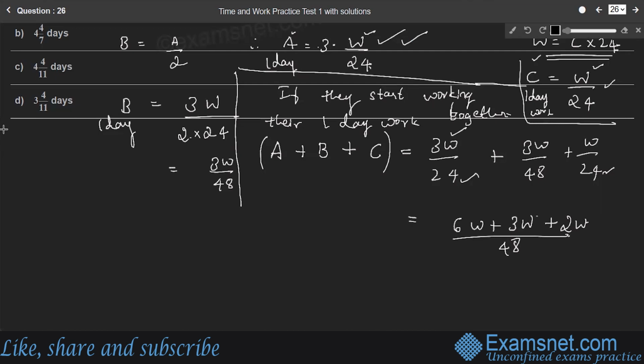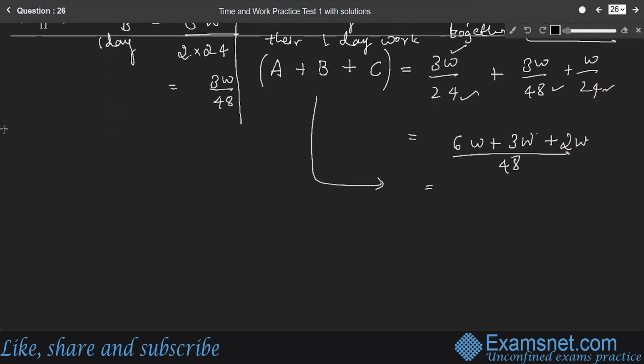So 3W, yes, 48 is the LCM. Therefore, their 1 day work, A plus B plus C, is equal to 6 plus 3, 9 plus 2, 11W by 48. Right? So here, 1 day work, according to the formula, is always total work by time taken.